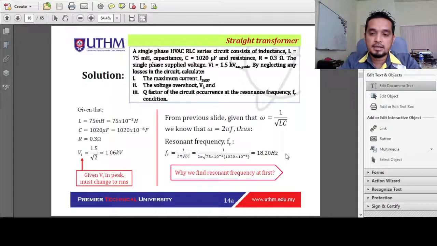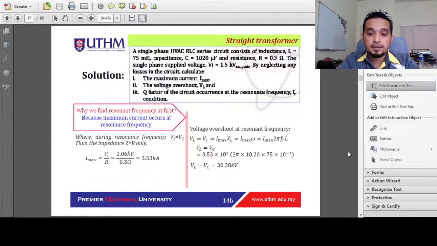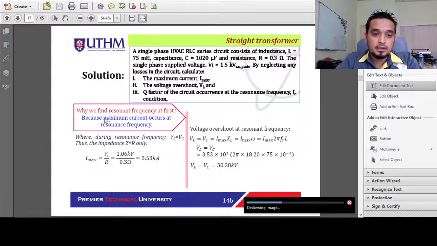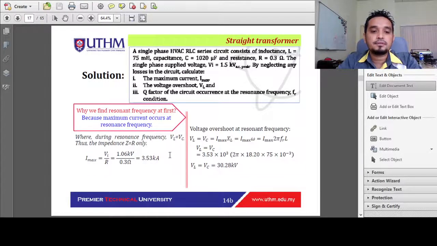Then we can calculate next the maximum current. Again, it's mentioned here because the maximum current occurs at the resonant frequency. During the resonant frequency, VL is equal to VC. The inductive reactance is equal to the capacitive reactance, as I explained before.